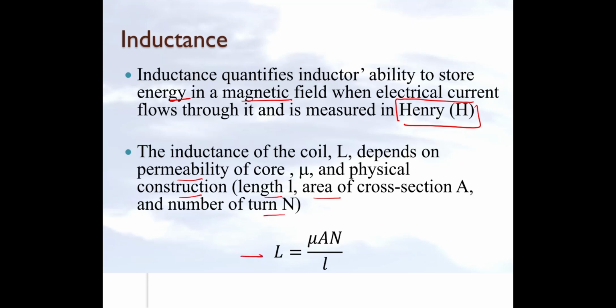In physics we have seen this equation: the inductance depends on the number of turns, the cross-sectional area A, and mu, the permeability of the core material, and is inversely proportional to the length of our wire.